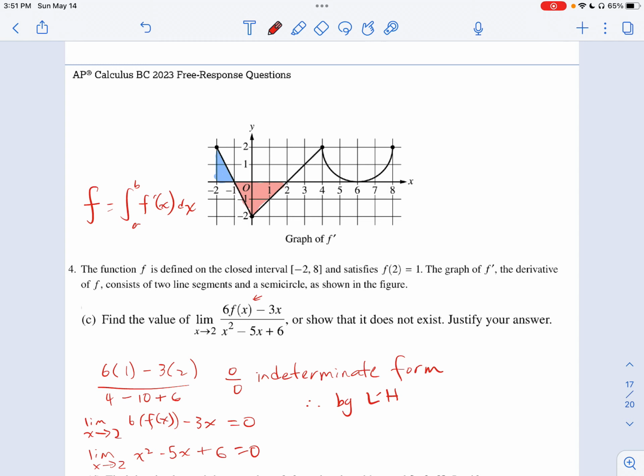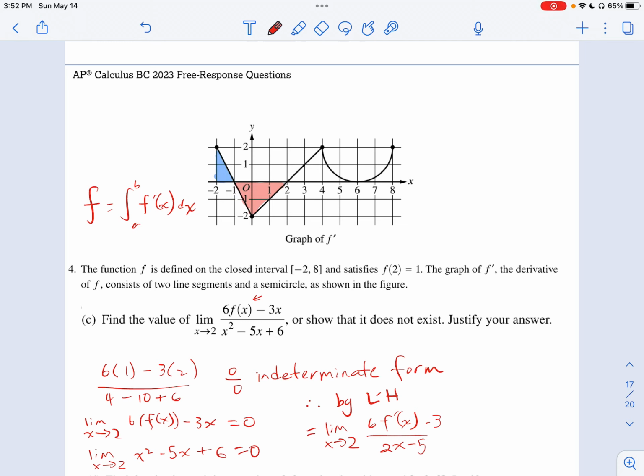Therefore, by L'Hopital's rule, I can say that the above limit is then equal to the limit as x approaches 2 of the derivative of our numerator and denominator. So the derivative of our numerator is just going to give me 6 times f prime of x minus 3. And the denominator would be 2x minus 5.